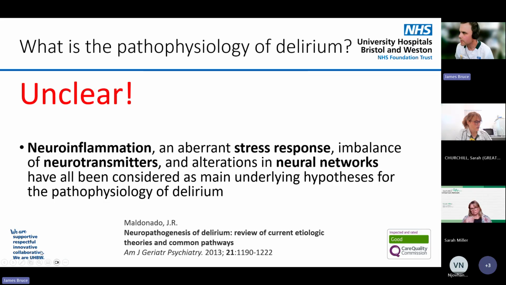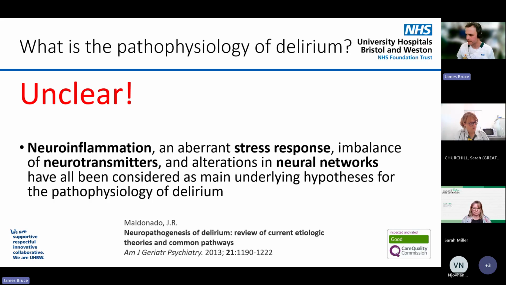So if we go back to the pathophysiology of delirium, it's still really unclear. There are lots of hypotheses out there about neuroinflammation, the release of stress hormones or a stress response, imbalance of neurotransmitters, and altered connectivity in our neural networks.